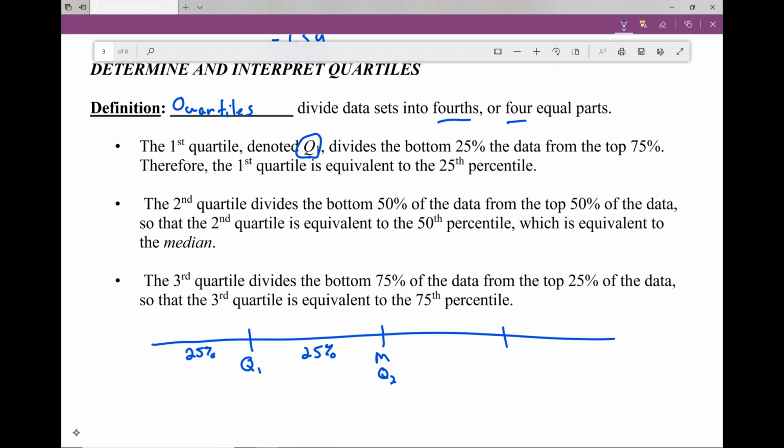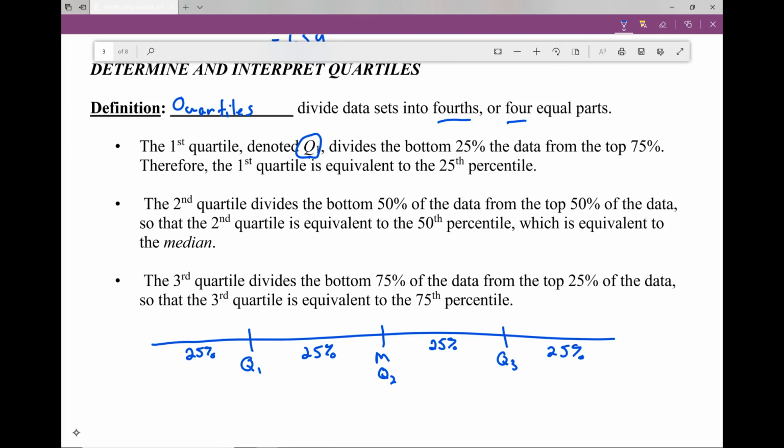The third quartile, denoted Q3, divides the bottom 75%, so all of this, because again, this is 25%, so 25, 25, 25 gives me 75% here, from the top 25%.